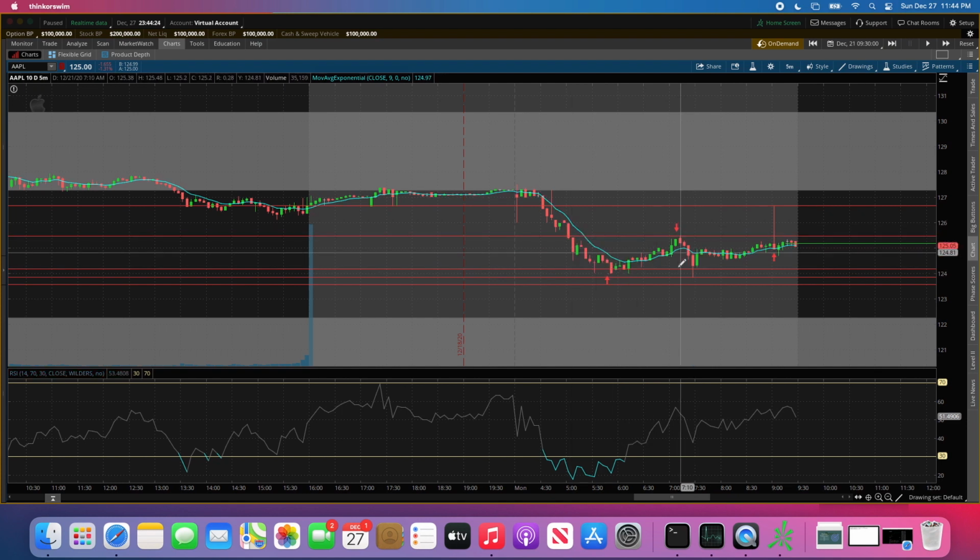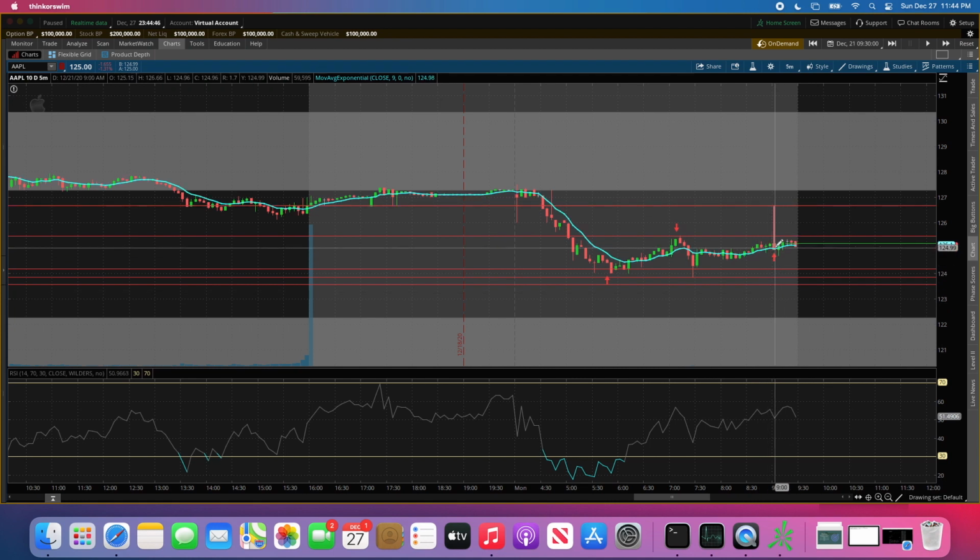Back to what I was saying, as far as it was nicely tested, there was no break. Closer to market open, we did go ahead and have a test of this level of resistance as well as this one too.